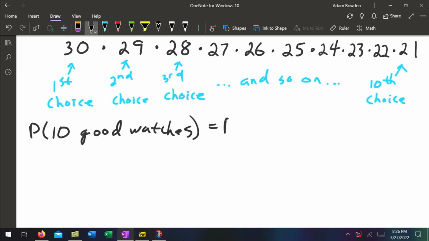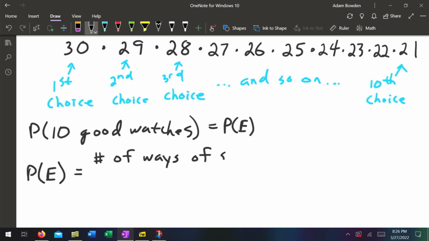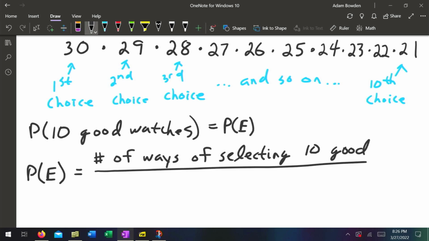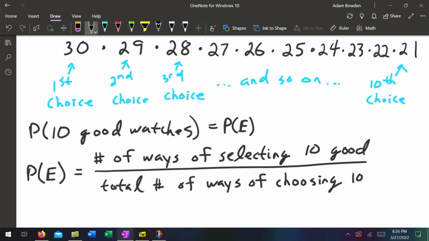We're going to call that the probability of E. So the probability of selecting 10 good watches is equal to the number of ways of selecting 10 good out of the total number of ways of choosing 10 out of the total of 40.